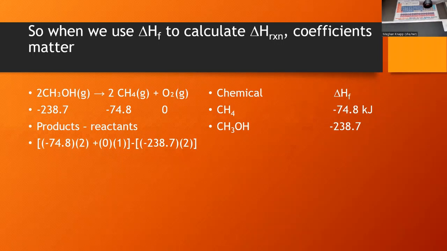So if we plug all of those in, we should get an enthalpy of reaction of positive 327.8 kilojoules. Is that going to be endothermic or exothermic? Endothermic. Anything that's positive, whether it's positive 1 or positive 1,000,000, it's endothermic.